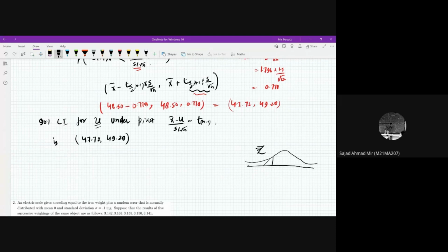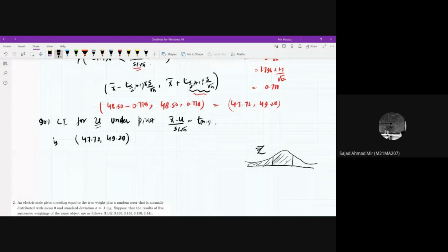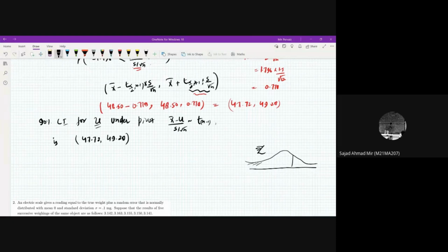Sometimes they calculate the area up to a point, or sometimes just the area on the right-hand side, with 0.5 missing, so they assume that this part is 0.5 and we are just calculating this part of the area; add this to that and your final answer will be that. Or sometimes they just give you the right-hand tail probability because of the symmetry, and then you have to think accordingly.